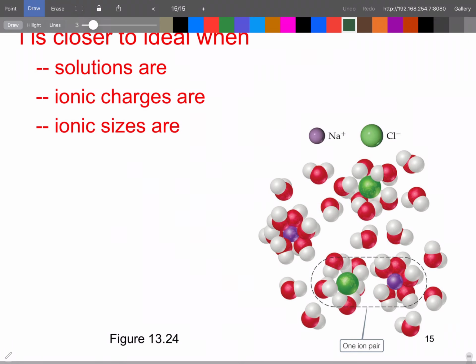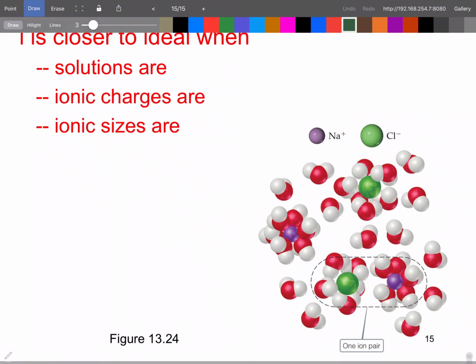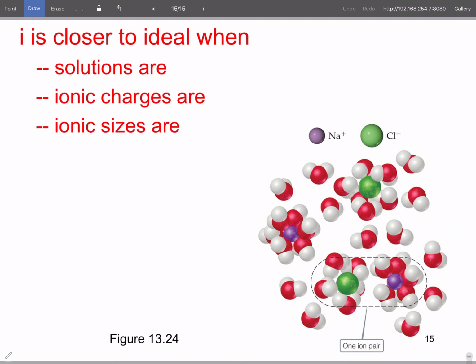Now, this slide combines all 3 again. And i, which is the Van't Hoff factor, is closer to ideal when the solutions are dilute, when ionic charges are small.